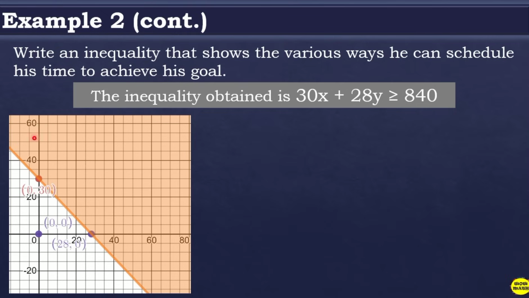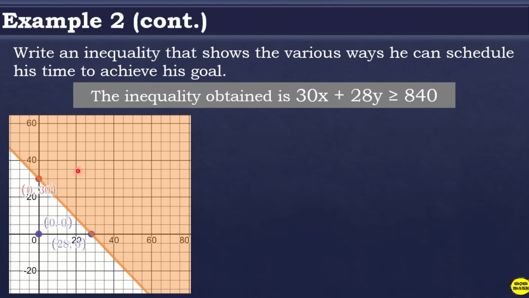Ito pong shaded region. Okay? Ito bang nasa boundary line mo ay kasama sa solution? Yes. Kapag solid line, kasama siya sa solution. So, ibig sabihin, itong 0,30 mo at 28,0 kasama siya sa solution. Okay? If it's a broken line, ibig sabihin, hindi part ng solution yung mga points ng line na to.